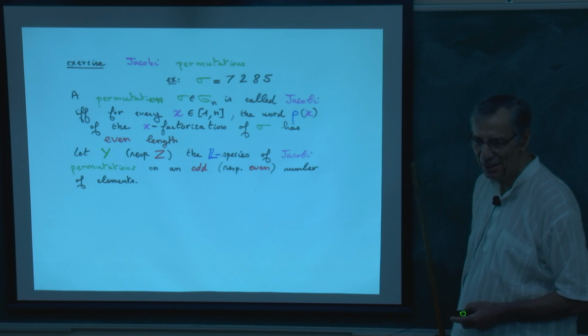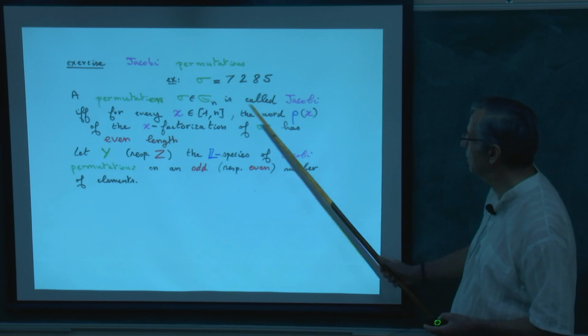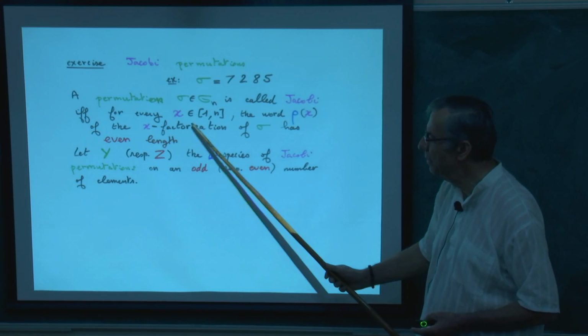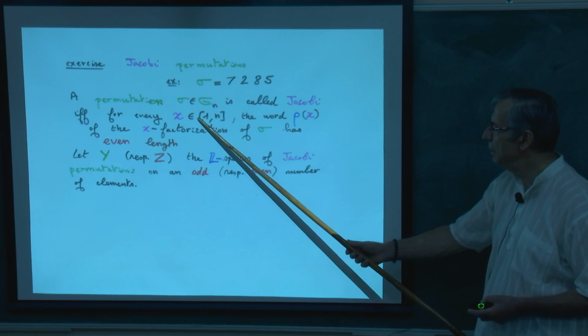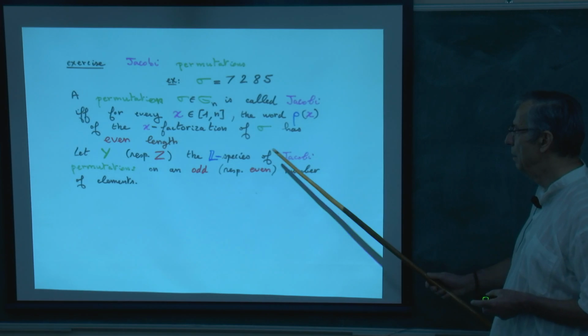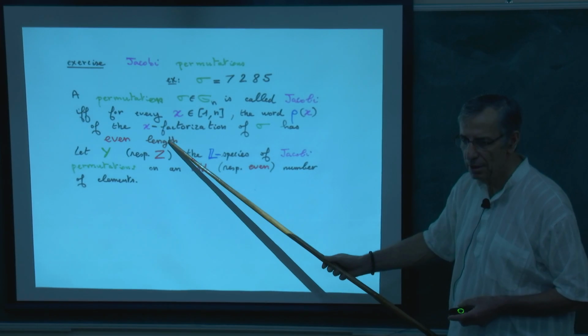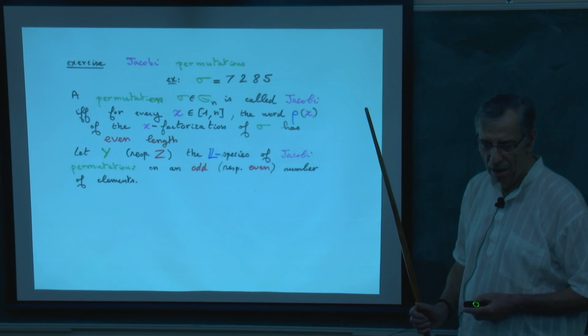Another exercise, Jacobi permutations. A permutation sigma is called a Jacobi permutation if and only if for every value x, or every vertex of the increasing binary tree, the word rho of x, remember the x factorization, has even length. Rho is the right factor, right?